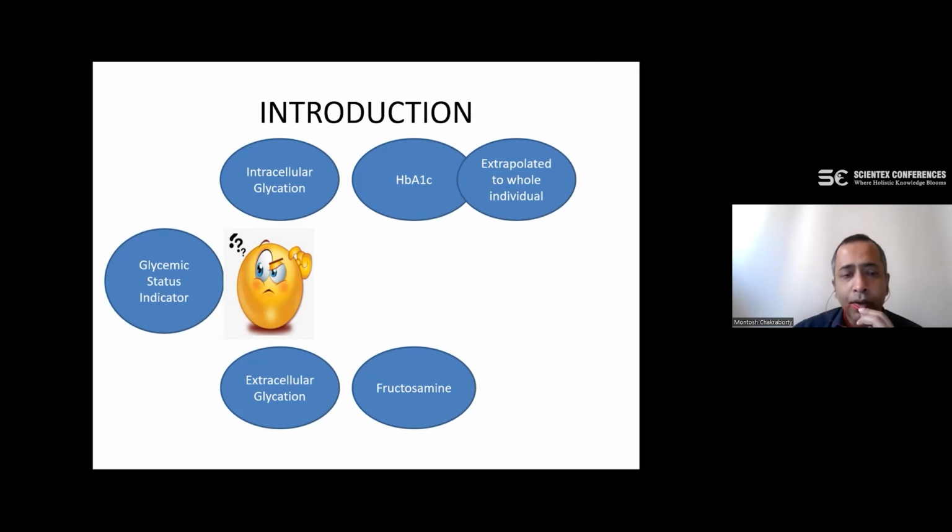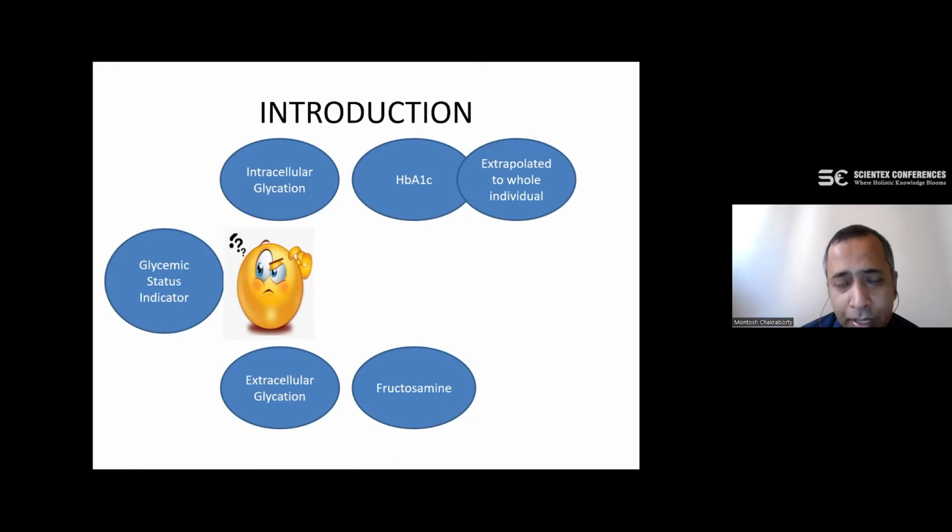When we look at the complications of diabetes mellitus, either macrovascular or microvascular, they basically involve the formation of advanced glycation end products, AGEs. And AGEs are dominantly extracellular proteins. So if we have a marker which can predict both intracellular and extracellular glycation, that will perhaps be an ideal glycation marker.